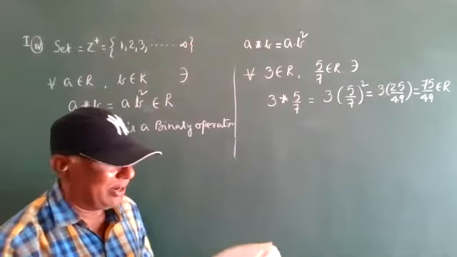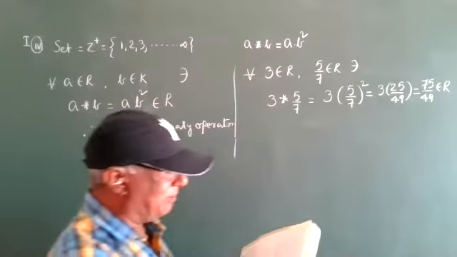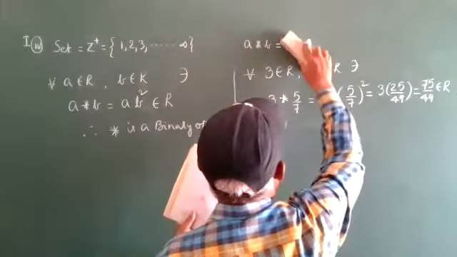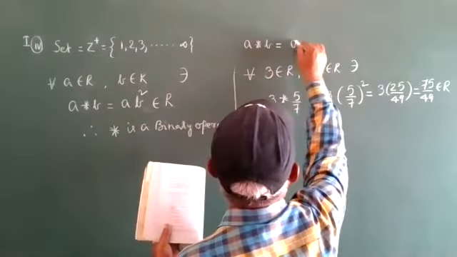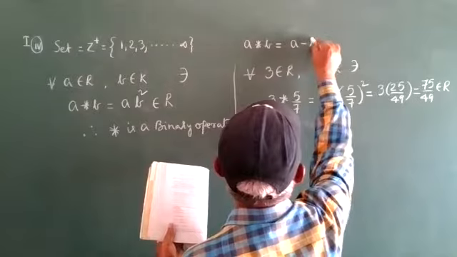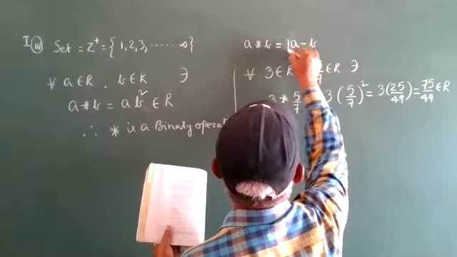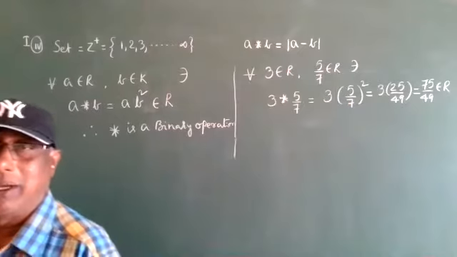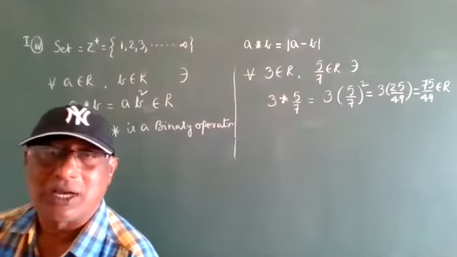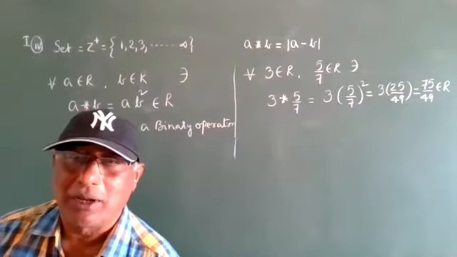How is this star defined? A star B is equal to the modulus of the first element minus the second element. Take one example and check.